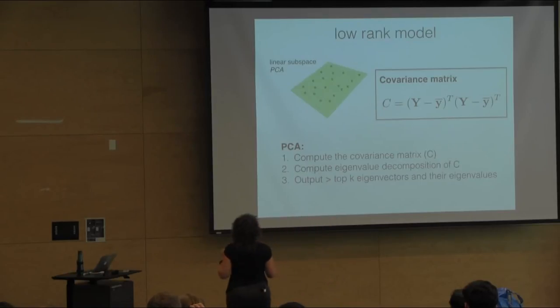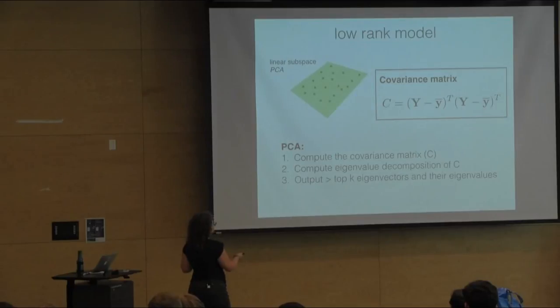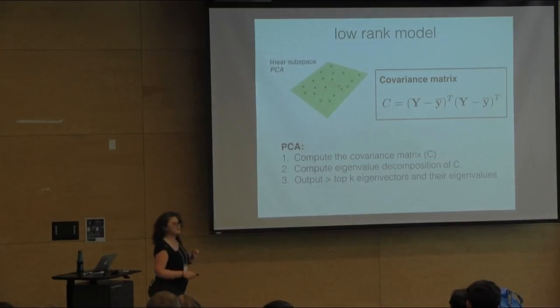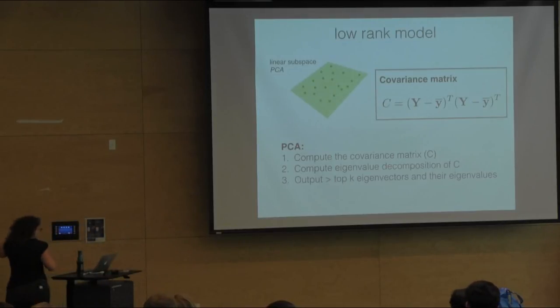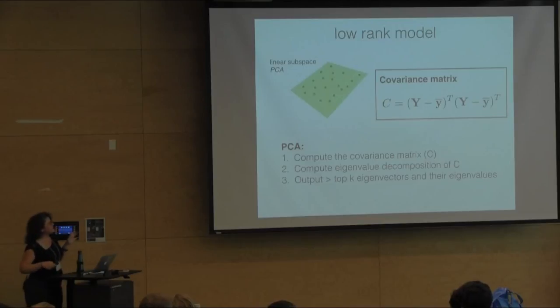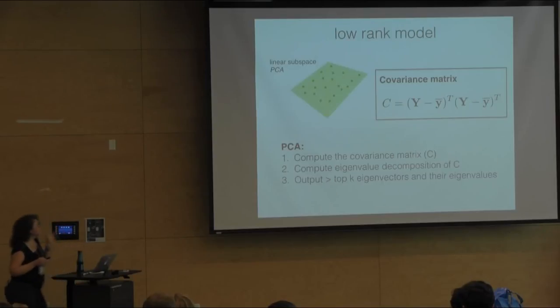We can talk more about the details of that. Our output is the top K eigenvectors and their associated eigenvalues. So we've now gone through the basics of principal components analysis, the vanilla version of linear dimensionality reduction that I'm sure a lot of you are familiar with.